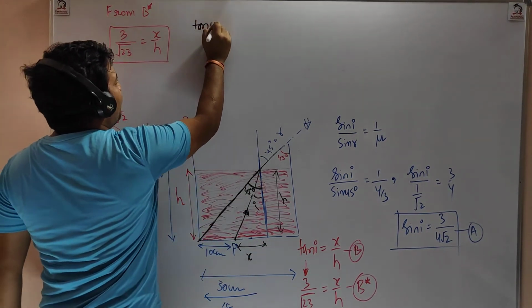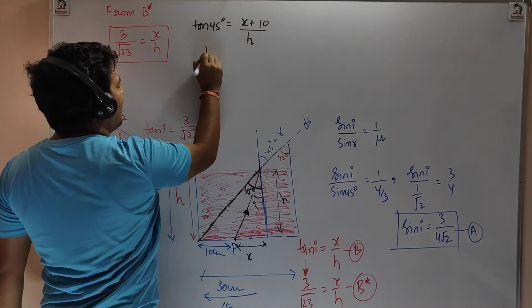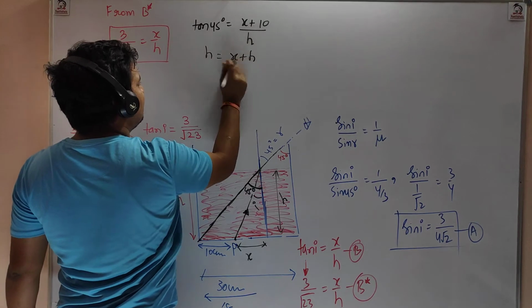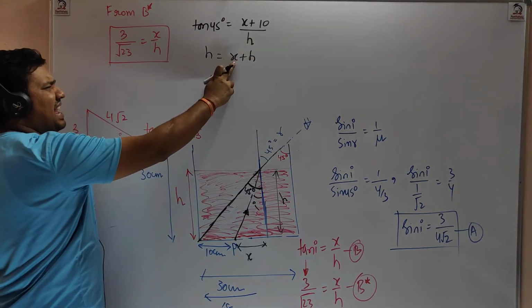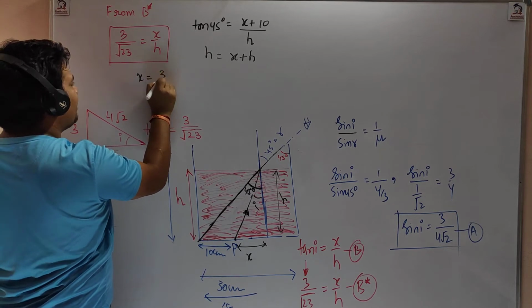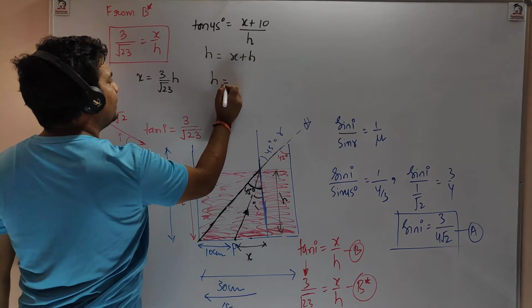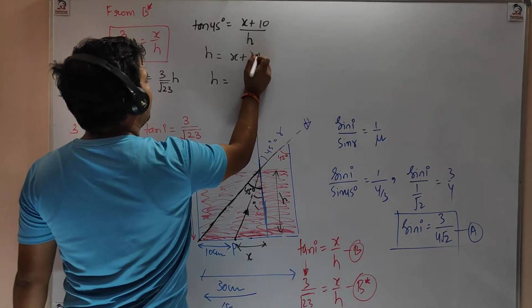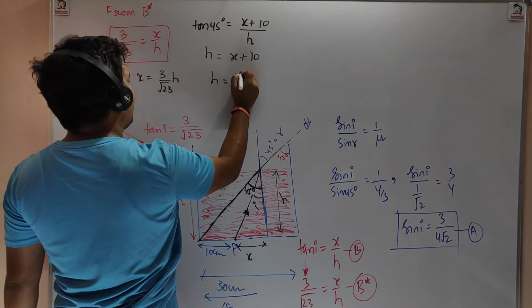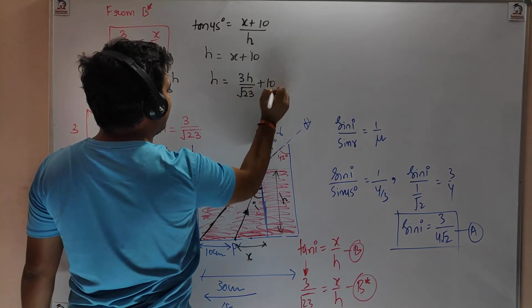So tan 45 is equal to perpendicular by base. Tan 45 is 1. We are not interested in x. We want h. So we can write x is equal to 3 by root 23 h. Substitute here. This is 10, sorry. So in place of x, you can write 3h by root 23 plus 10.